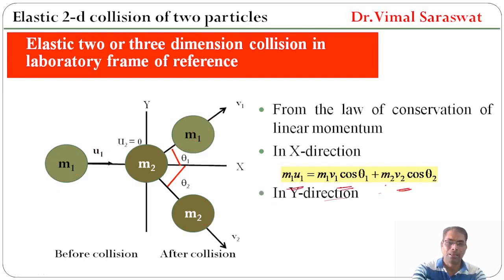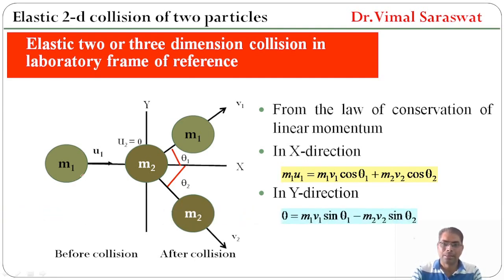In the same way, if we apply the conservation of linear momentum along the y direction, since this body moves with velocity u1 along x, its linear momentum along y is 0, and the other is at rest, so its momentum along y is also 0. So the total linear momentum before collision along y is 0.